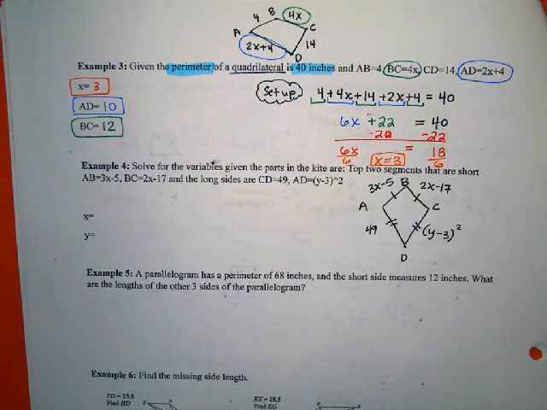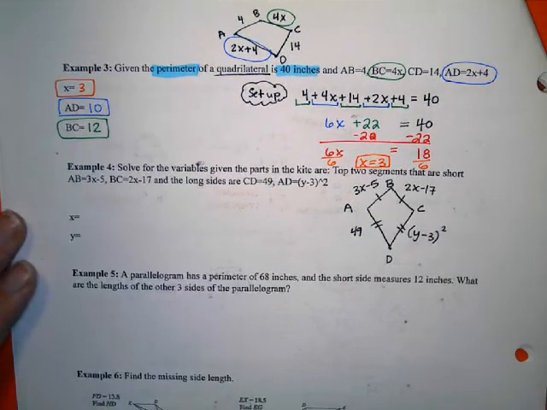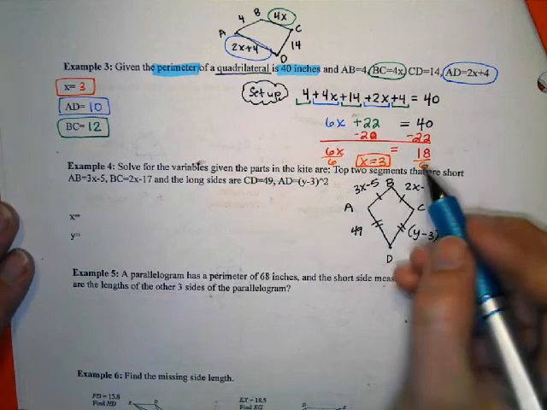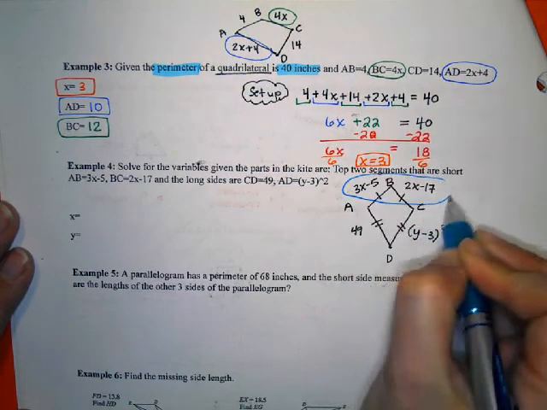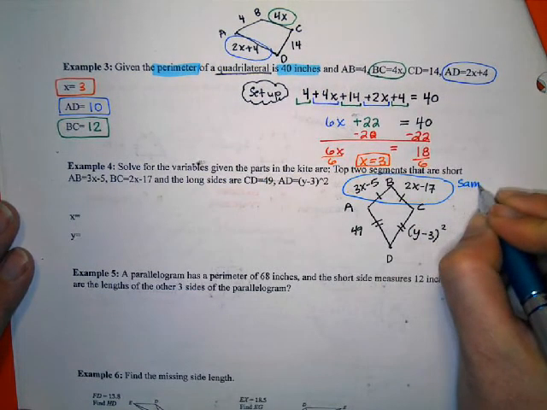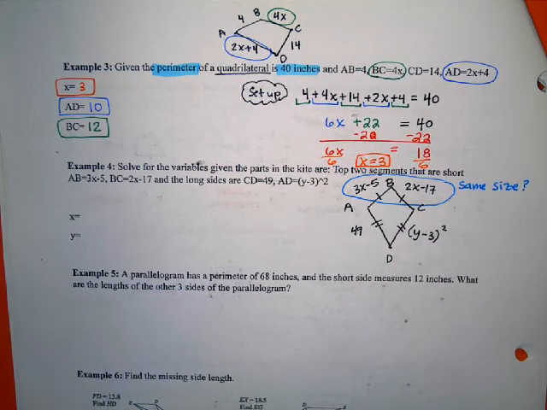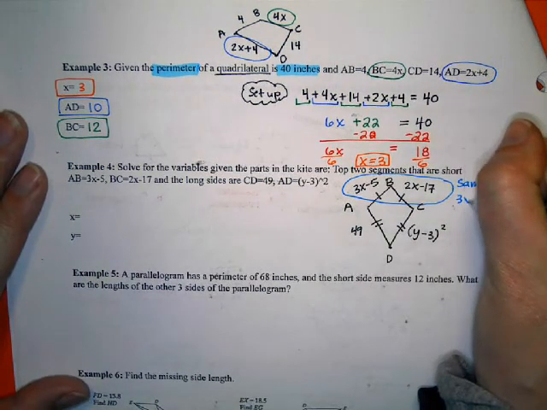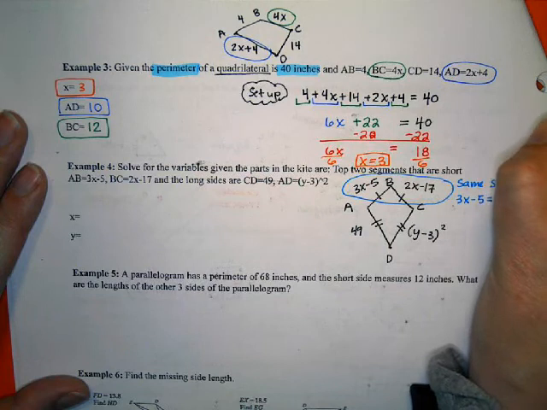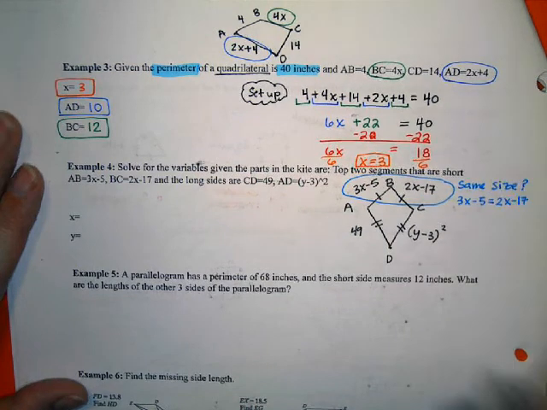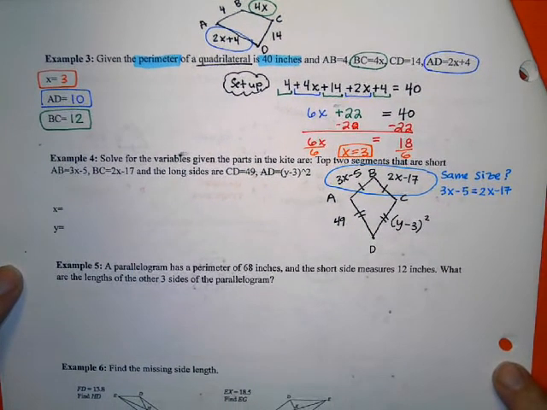The long sides are 49 and y minus 3 squared. What can I do with segments that are the same size? What can I say about 3x minus 5 and 2x minus 17 if they're the same size? They are equal to each other.